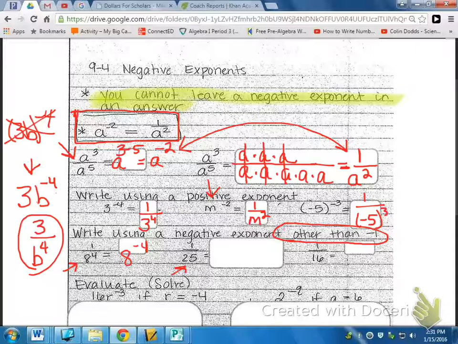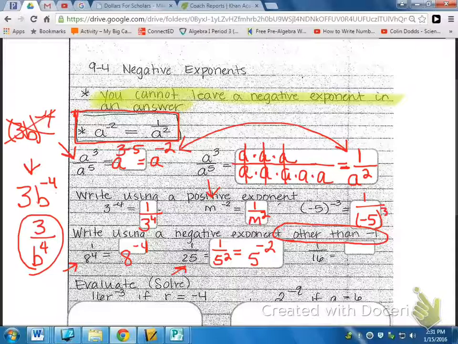Cheyenne? 5 squared. Yeah. So what you would have to do on this problem is change it to 1 over 5 squared, and then Cheyenne, now write it with a negative exponent. 5 to the negative 2. Yeah, 5 to the negative 2.